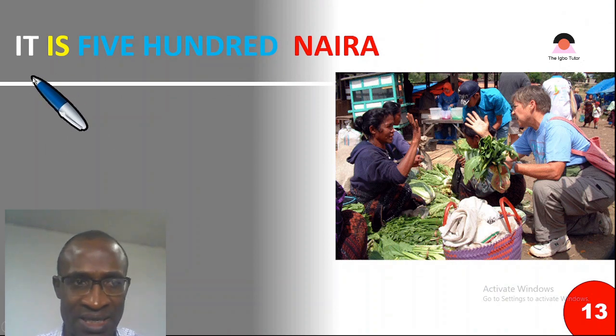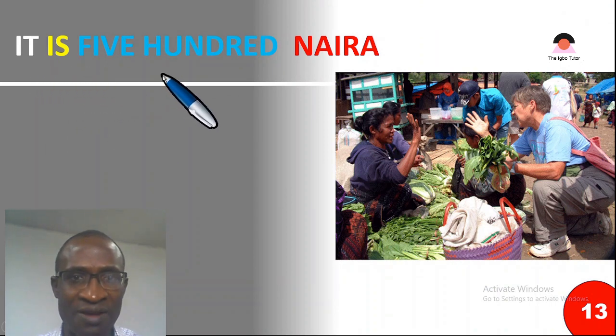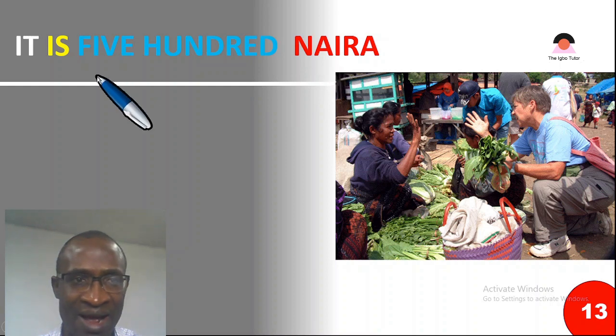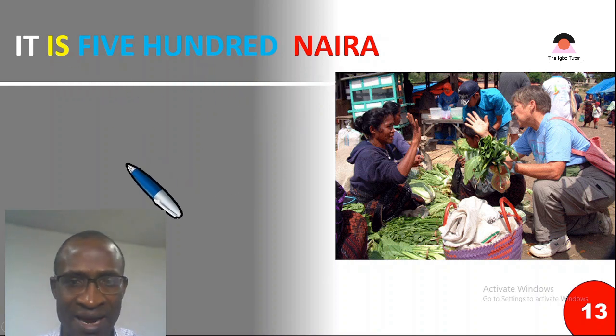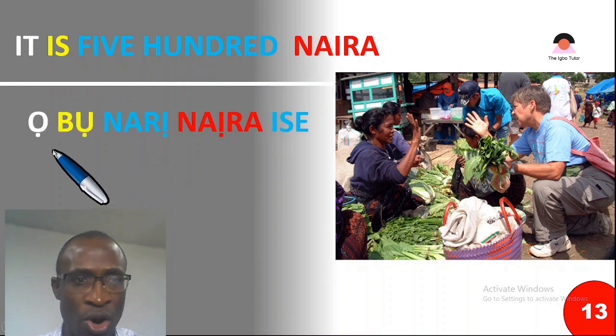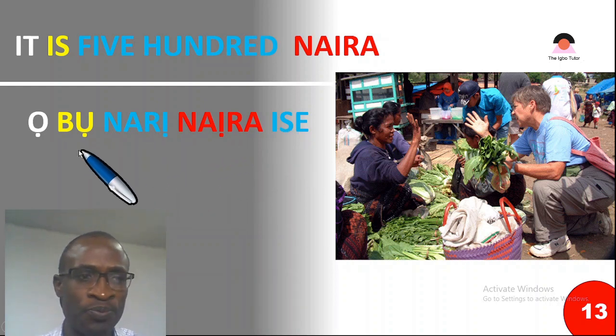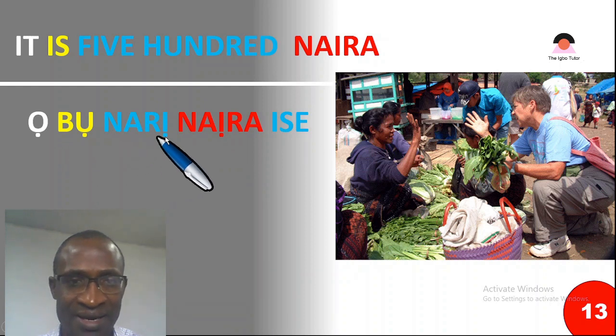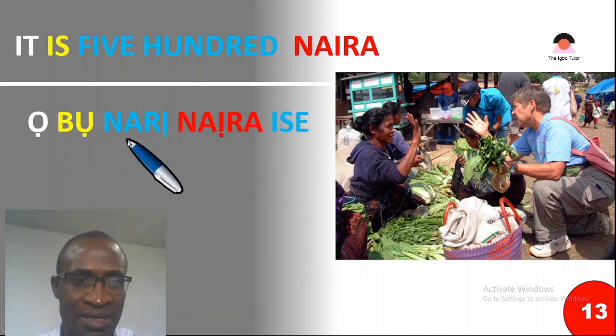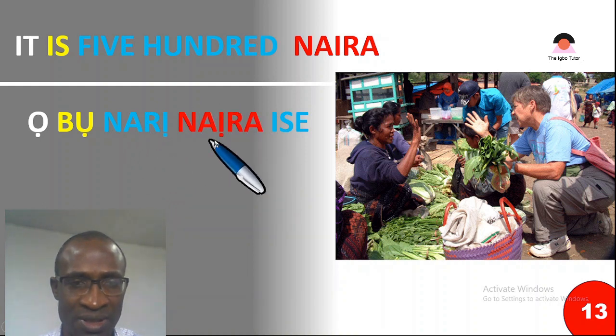Now let the seller say the price. It is 500 naira. What is that in Igbo language? Nari naira ise. Nari is 100 in Igbo language. Naira, of course, is a direct adoption of naira in Igbo language.